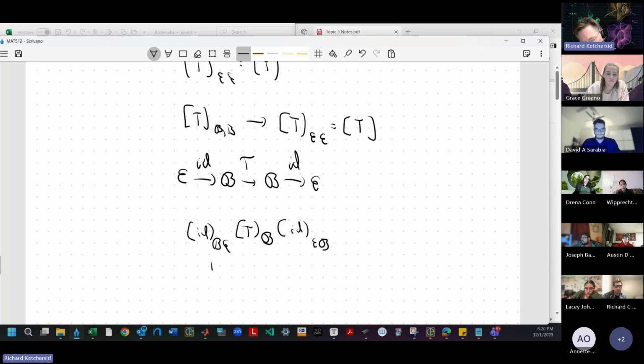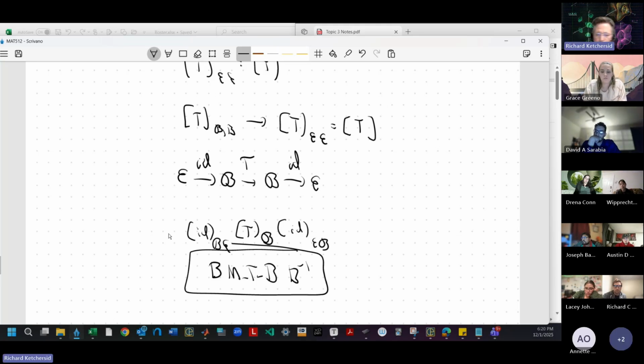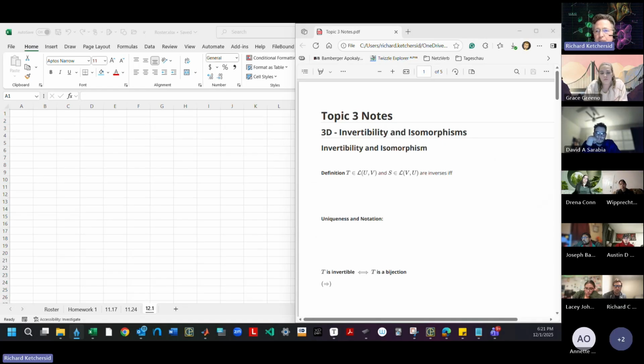And we know that this is just the matrix B. This is the matrix we were given. And this is the matrix B inverse, like that. So that's another perfectly good way of doing this code. I mean, that's actually simpler in some sense.